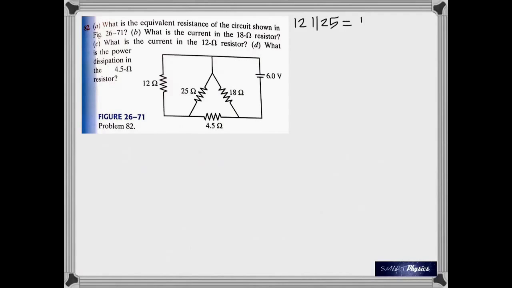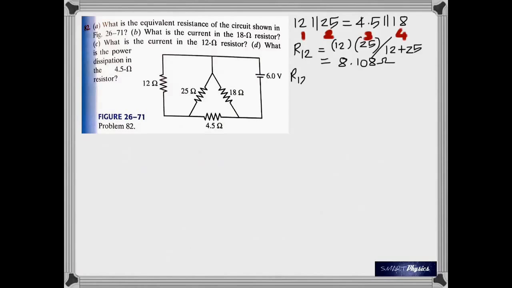12 is parallel to 25, is in series with 4.5, which is in parallel with 18. Call them 1, 2, 3, 4. First R12, product by sum. That's how you find the equivalent in parallel. And then the third one is in series with it, so add it.